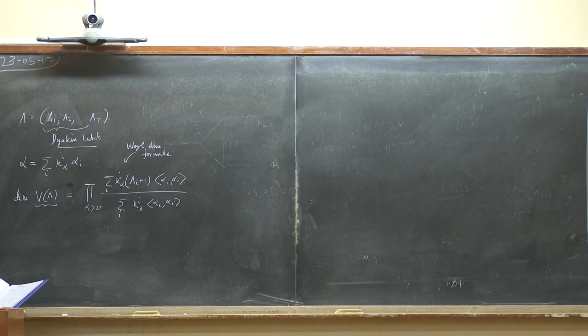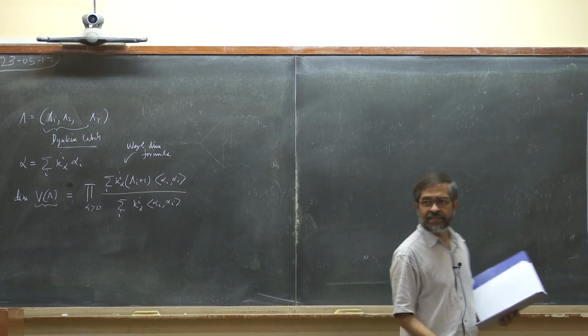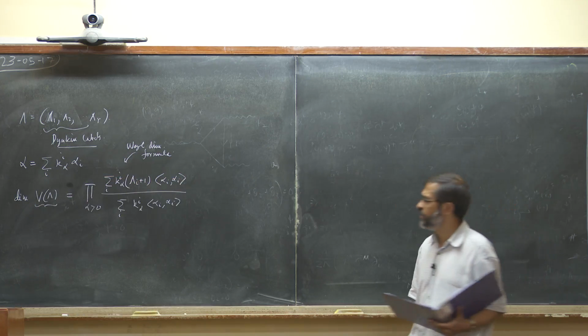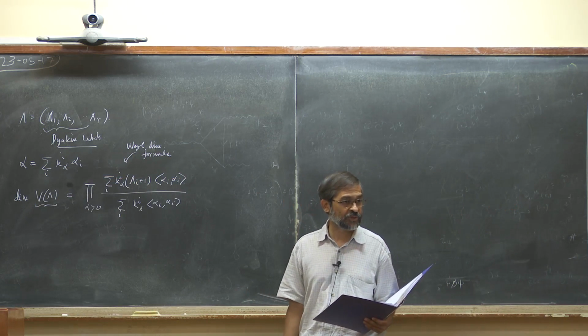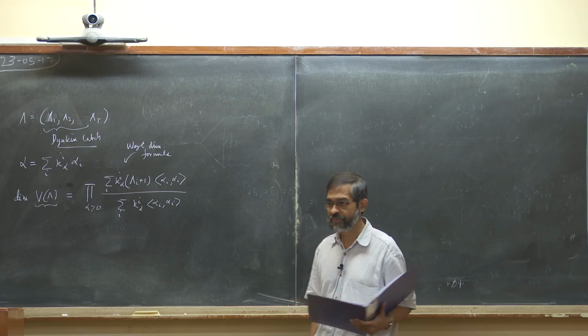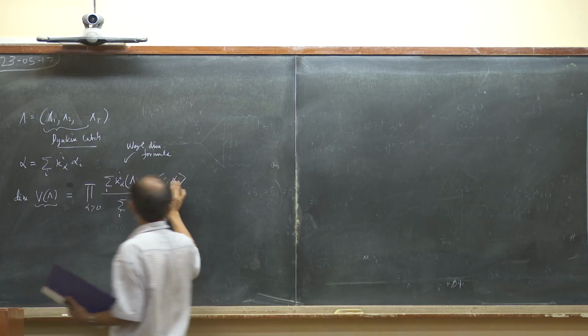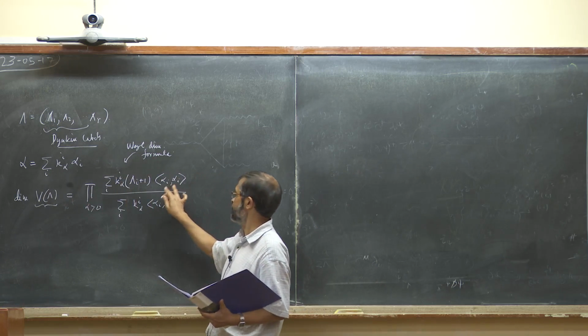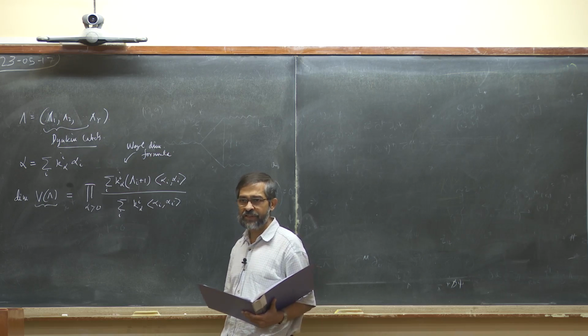As I mentioned, there are these A, D and E type of Lie algebras for which these double bonds and triple bonds do not appear in the root diagram. For them, these norms of these root vectors are all equal, and you can take them to be 1.